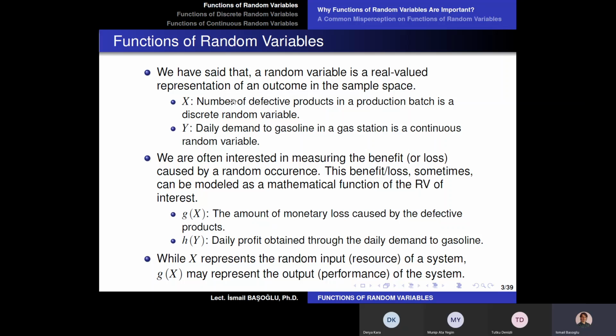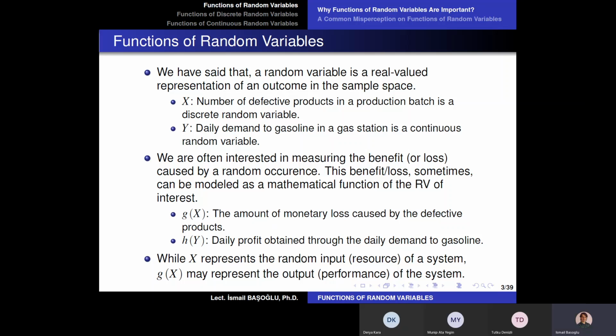Or the random input of a gas station system is the daily demand for gasoline, but I am much more interested in the random output of that system, which is the daily profit that it brings to me, okay? So X here or Y here, they represent the random input of a system, while a function of them represents the output or the performance of the same system, okay?